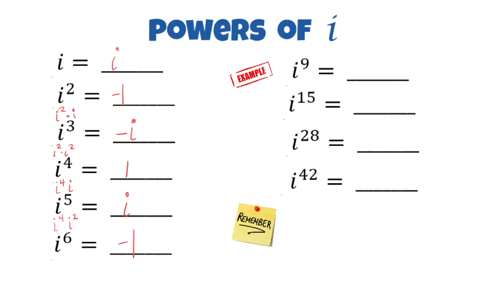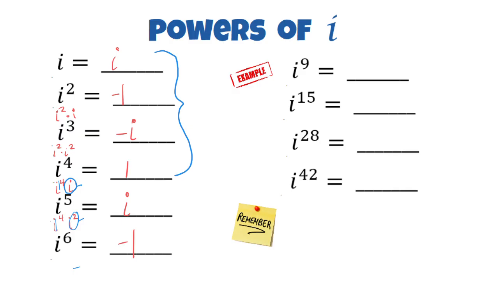Now, I could keep on going, but what I want you to notice is that this pattern goes i, -1, -i, 1. And it will start all over because it's always just an i to the 4th times the next one. Since i to the 4th is always a 1, you start over with this pattern of i squared, i to the 3rd, i to the 4th, and it will just continue to repeat.